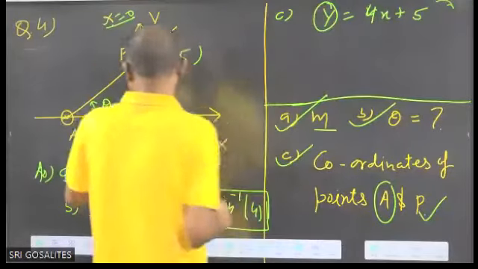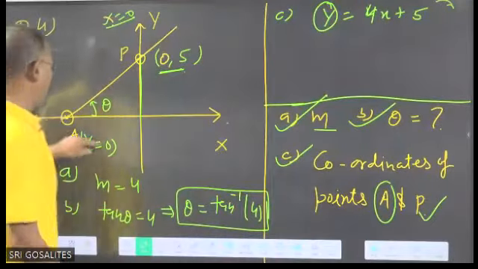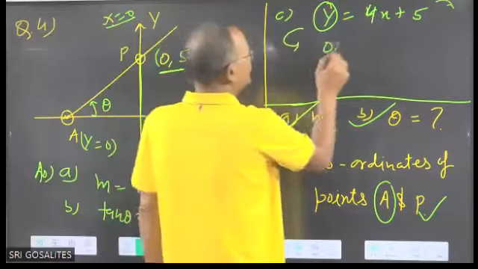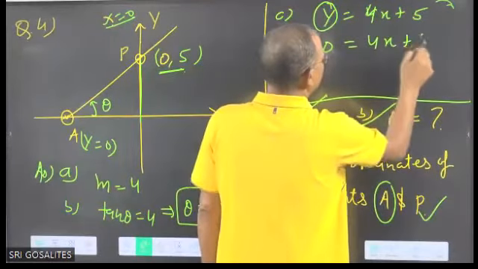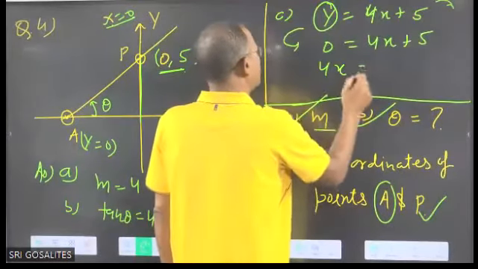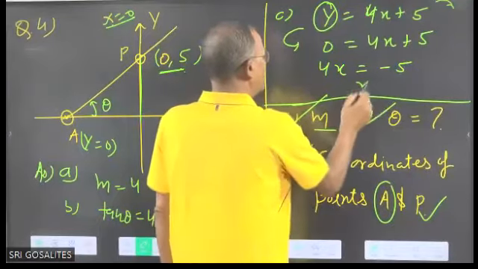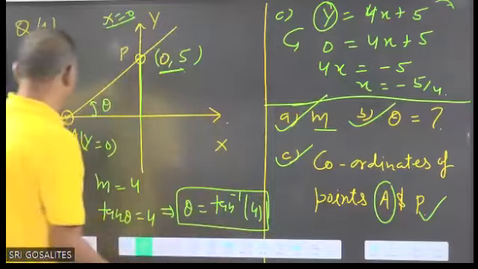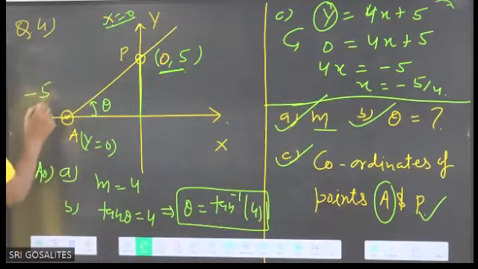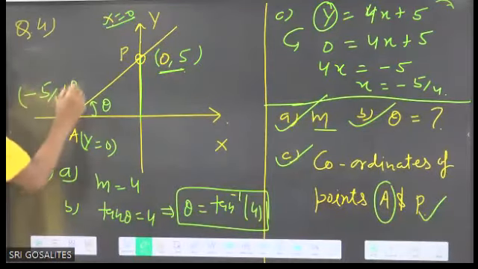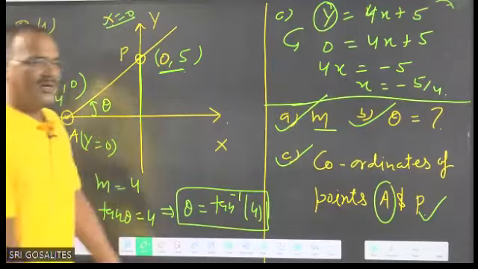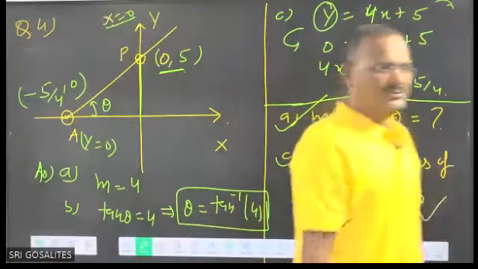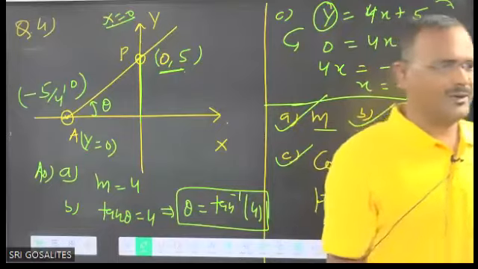So at the x-axis, if I keep y as 0, 4x is minus 5. So the x coordinate is minus 5 by 4. It means the coordinates of point A are (-5/4, 0). Come on. Is this clear to you all?